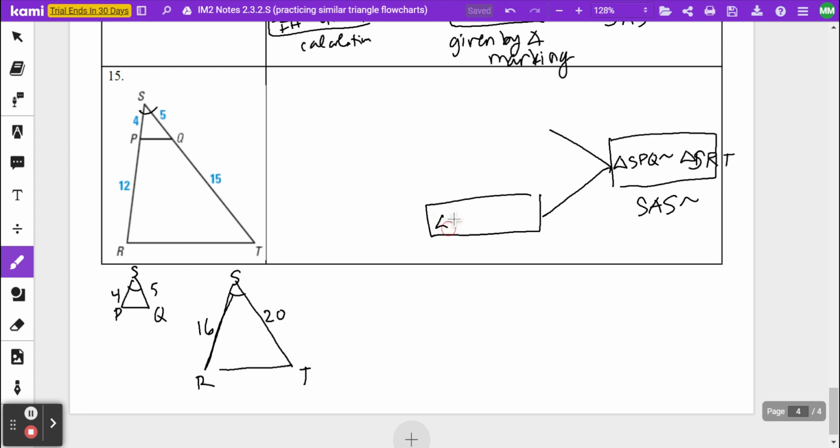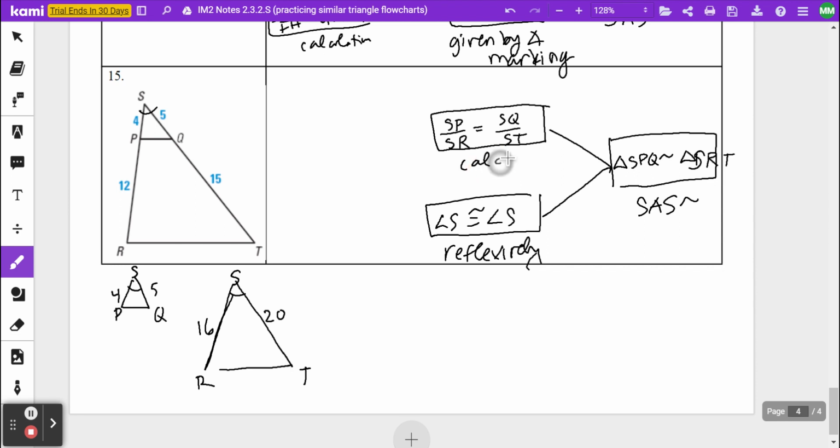So angle S is congruent to angle S reflexively because everything is congruent to itself. And let's see about this. I'm going to hope to show you that SP over SR equals SQ over ST. And if that works out, I will have done it with calculation.